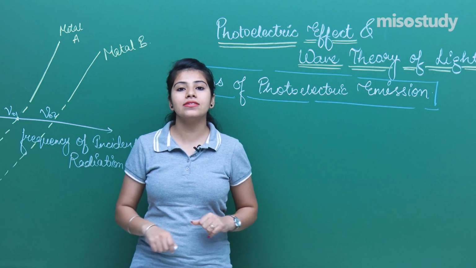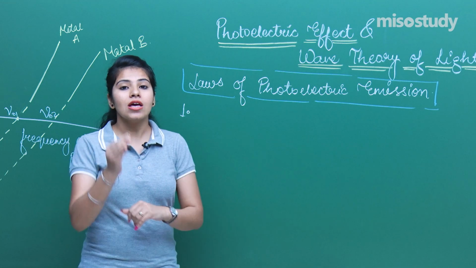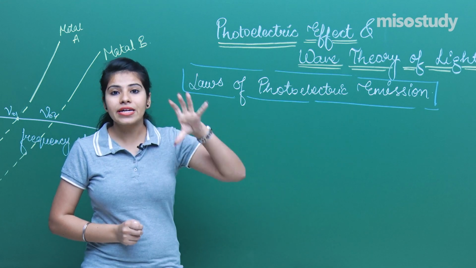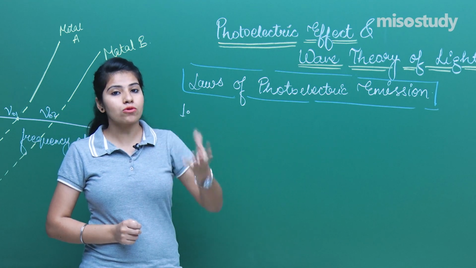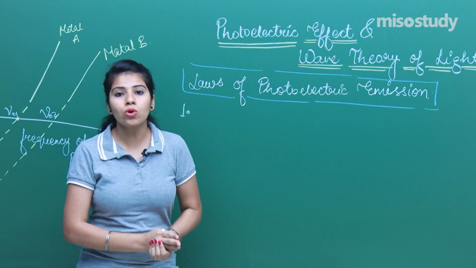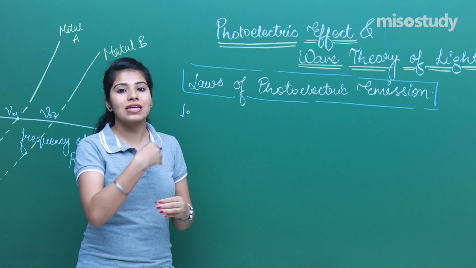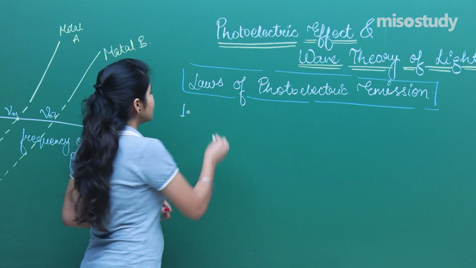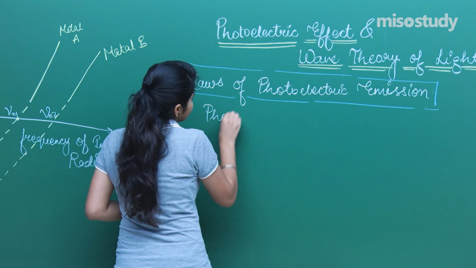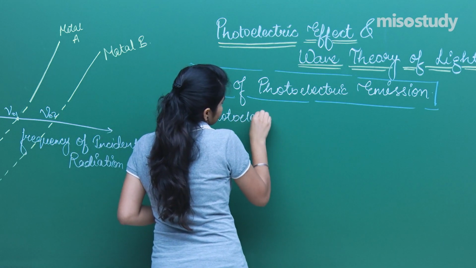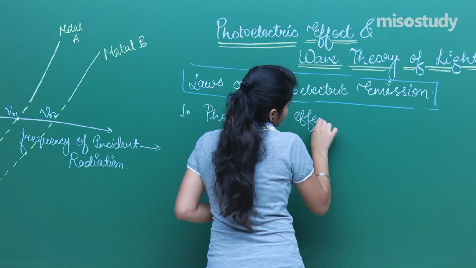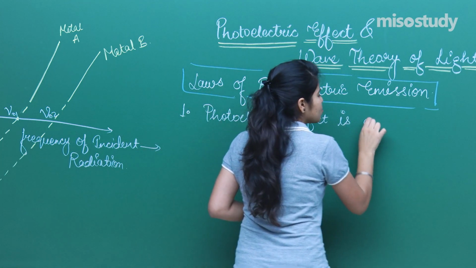What do we mean by the instantaneous process? That means the moment radiation falls upon the photosensitive plate, with no time lag the electron will start emitting from the plate. So that means photoelectric effect is an instantaneous process.